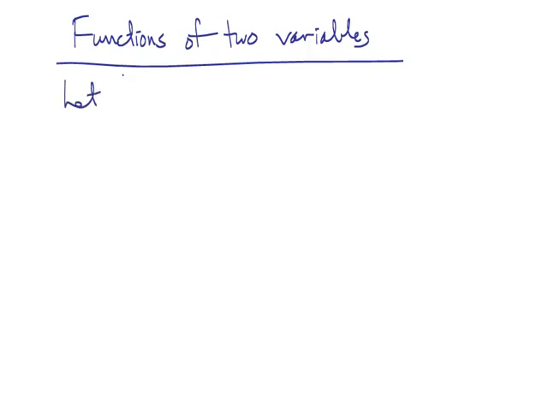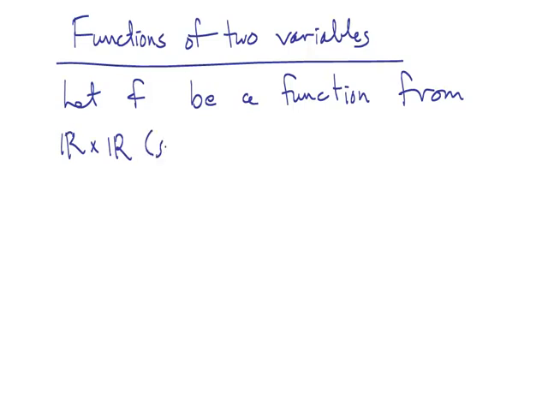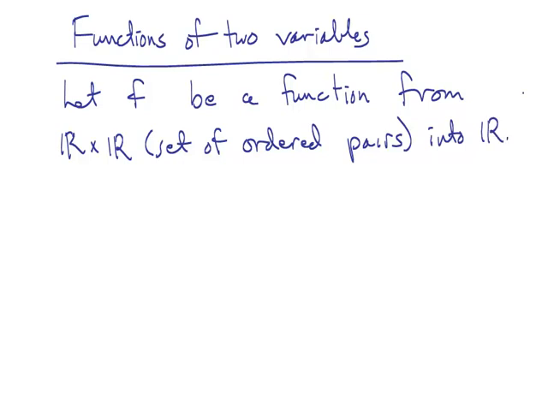So here's a general idea for a two variable function. We're going to let f, very clever name for a function, isn't it, be a function. And it's going to go from the set of R cross R. In other words, that's a set of all ordered pairs. So that's the set of ordered pairs into just R. So in other words, f is going to take an ordered pair and send it to a number.